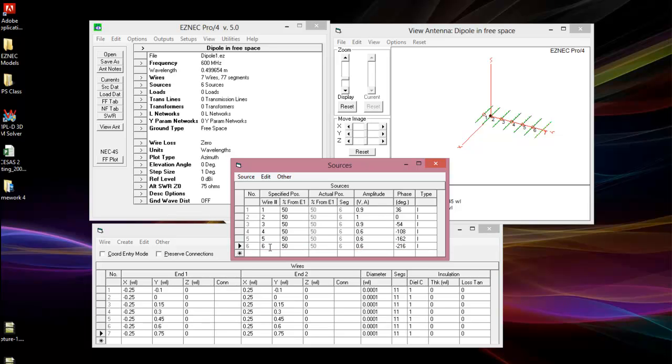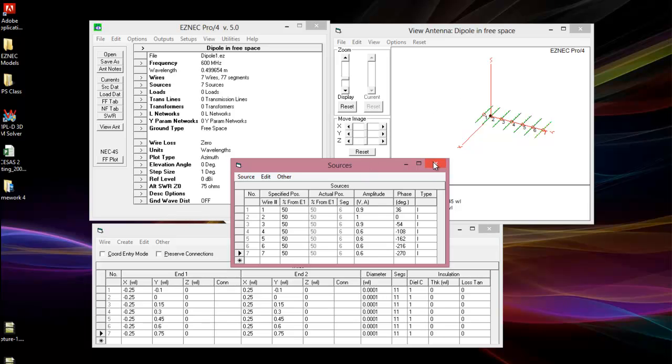And the last wire, number 7, in the middle, 0.6 current, and the phase is equal to minus 270. Okay, all right. So that's about it in terms of the geometry.